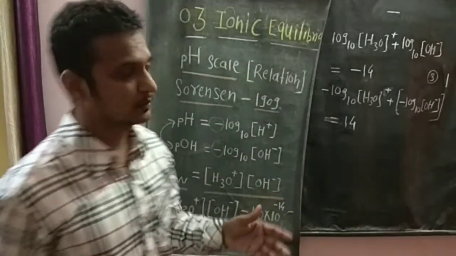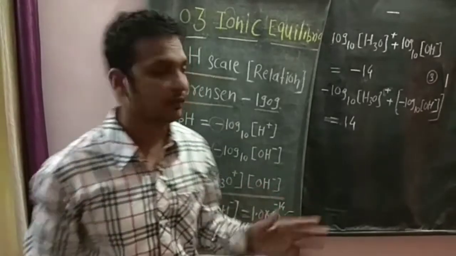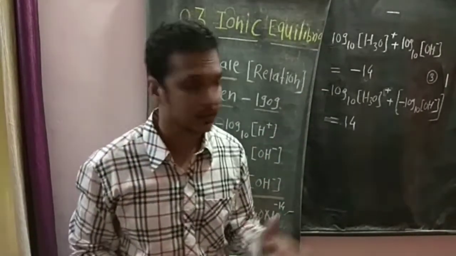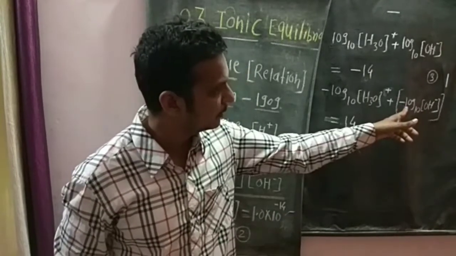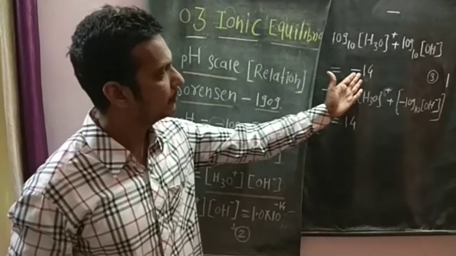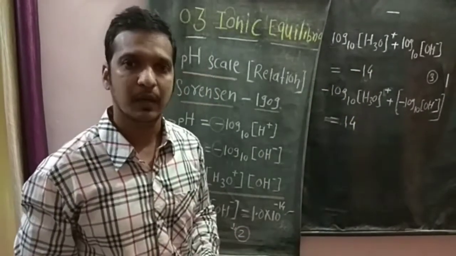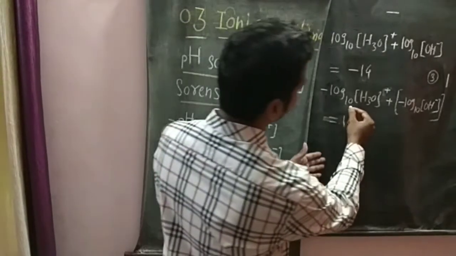So we get minus logarithm to the base 10 concentration of H3O plus, and again we multiply the next term by minus 1, minus logarithm to the base 10 concentration of OH minus, and here also minus 14 into minus 1 is 14.